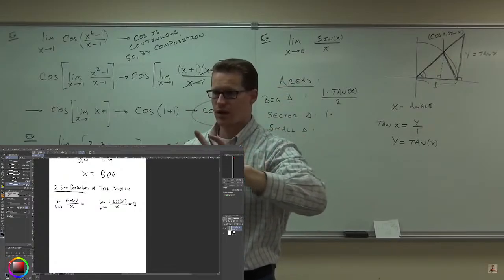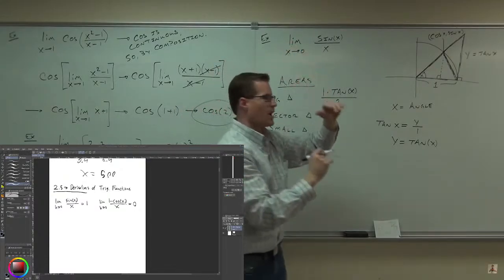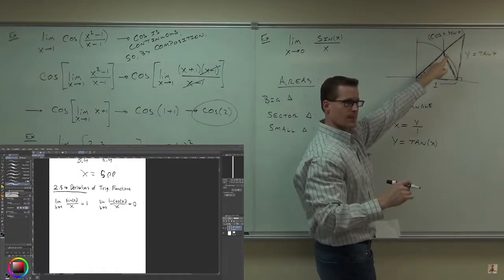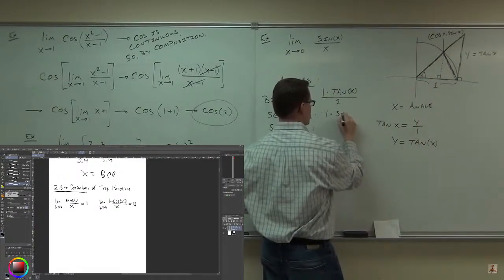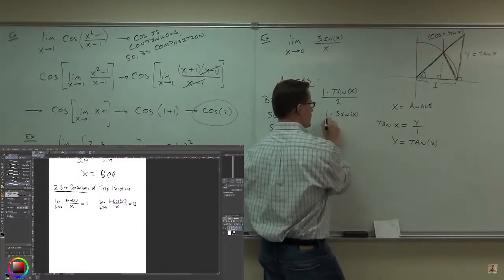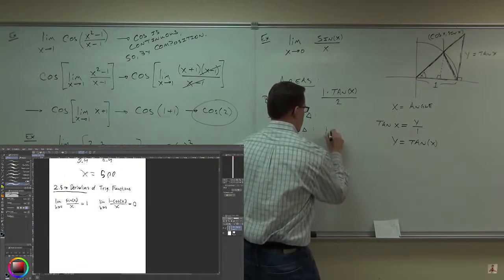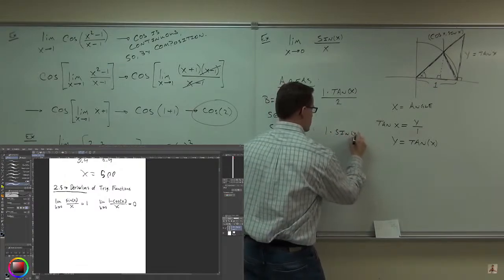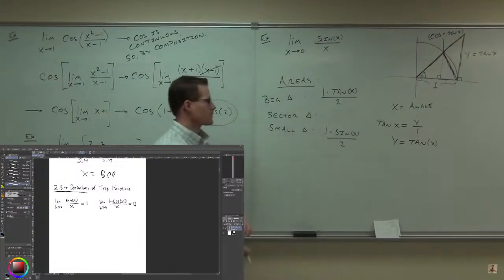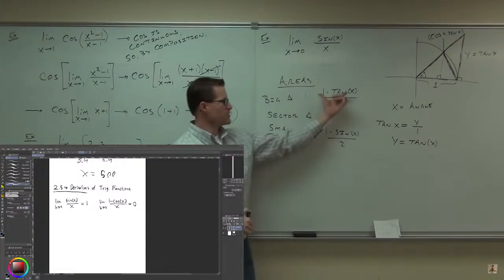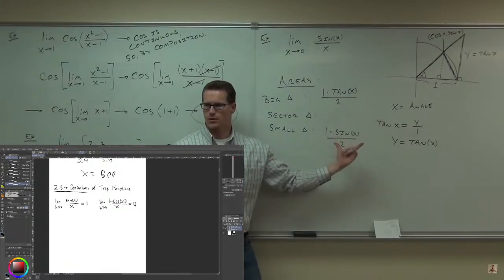Sine x, not cosine x, right? Sine x would be the height of the smaller triangle because that is actually a point on the unit circle. Do you believe me? So that would be sine x. And then, oh shoot, sorry, I'm off. 1 times sine x over 2. Are you okay with big triangle and small triangle? You all right with that one?